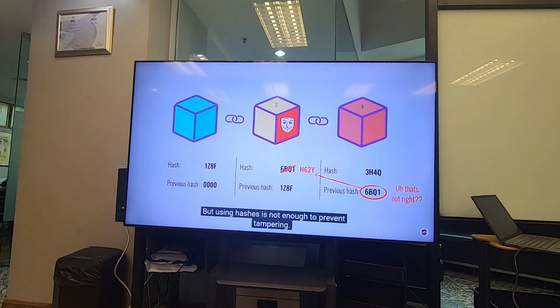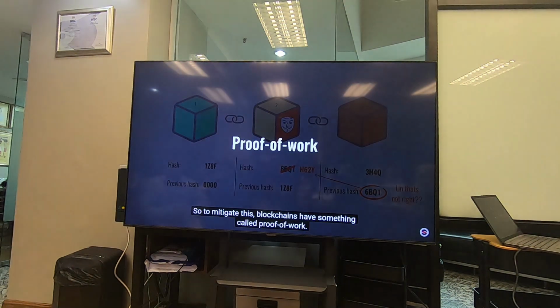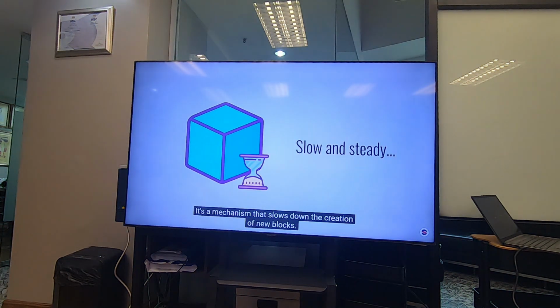But using hashes is not enough to prevent tampering. Computers these days are very fast and can calculate hundreds of thousands of hashes per second. You can effectively tamper with a block and recalculate all the hashes of other blocks to make your blockchain valid again. So to mitigate this, blockchains have something that is called proof of work. It's a mechanism that slows down the creation of blocks.